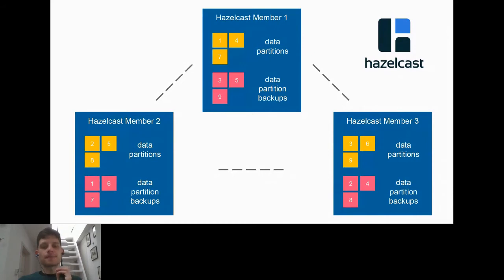Now, a short question to you. Do you think creating this partition backup, or basically data backup, should be done synchronously or asynchronously? In other words, should we favor consistency, then the backups are done synchronously, or should we favor latency, and then the backups are done asynchronously?